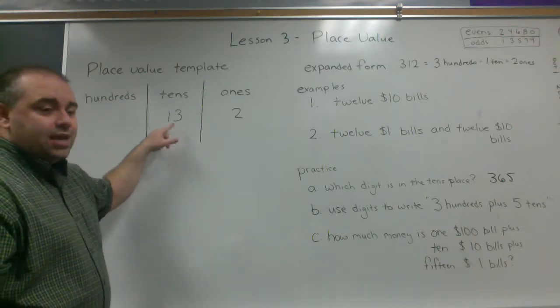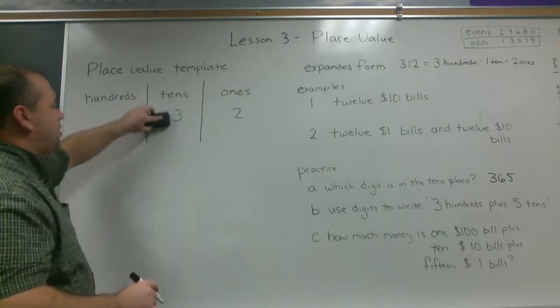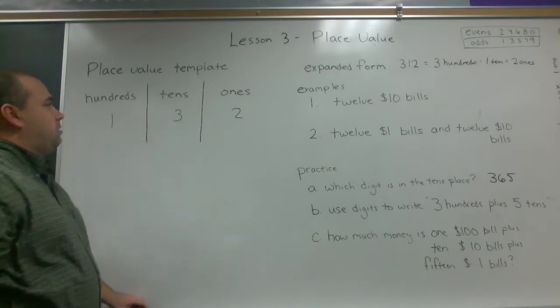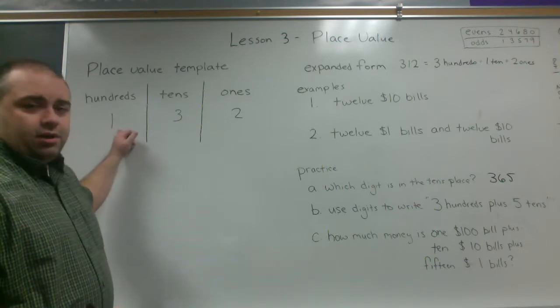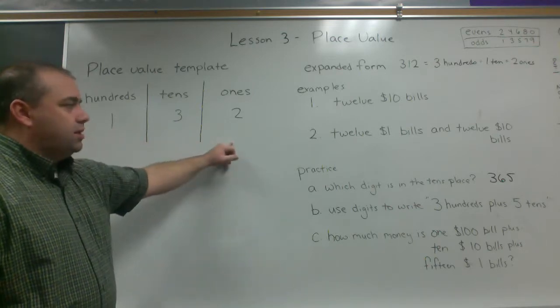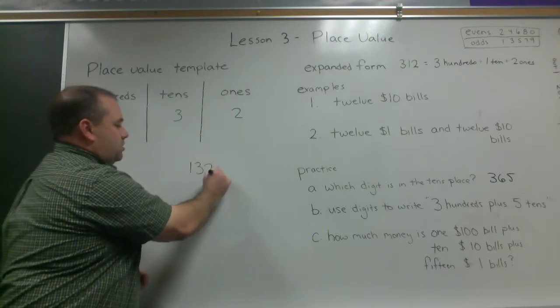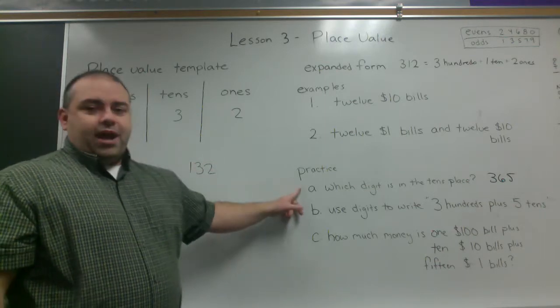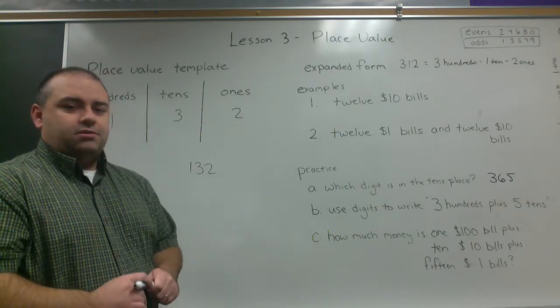If I trade in 10 of these, they'll give me a $100 bill. So I'm going to trade in these 10 to make a $100 bill right there, and then I'm going to be set with 100, 3 tens, and 2 ones. If I put it together in digit form, it'd be 132. Practice, there are 3 of them here. Take a look, try them out, and I'll tell you the answers.